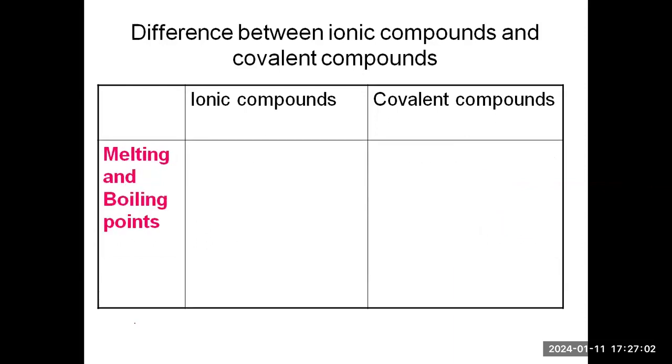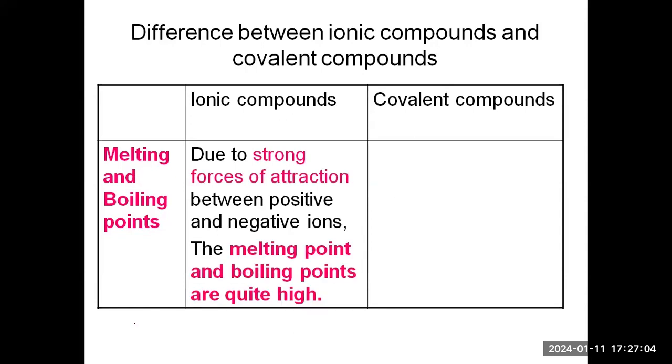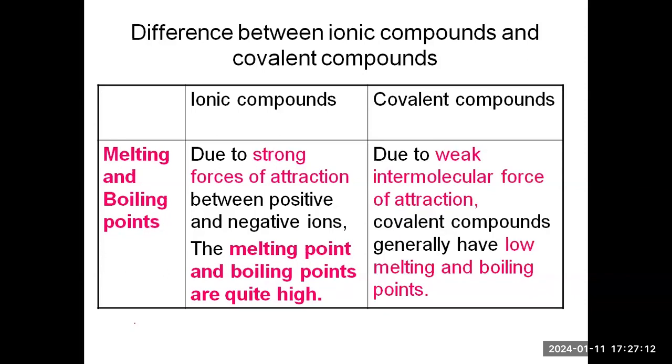Then melting and boiling points are quite high for ionic compounds. The reason is the strong force of attraction between the ions. And for covalent compounds, the melting and boiling points are low because the force of attraction between the molecules is low. So it needs less energy to make them apart.